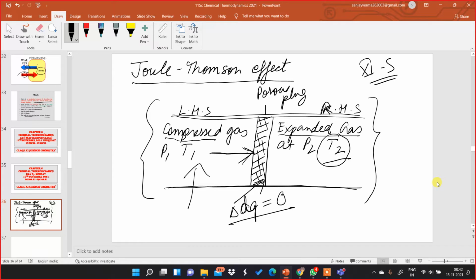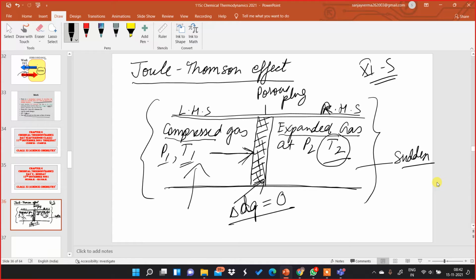I repeat it once more. When a highly compressed gas kept at a pressure P1 and a temperature T1 is allowed to pass through a porous plug made of maybe silk or cotton, the gas expands on the other side, where there is a sudden change of temperature. This sudden change of temperature is called the Joule-Thomson effect.